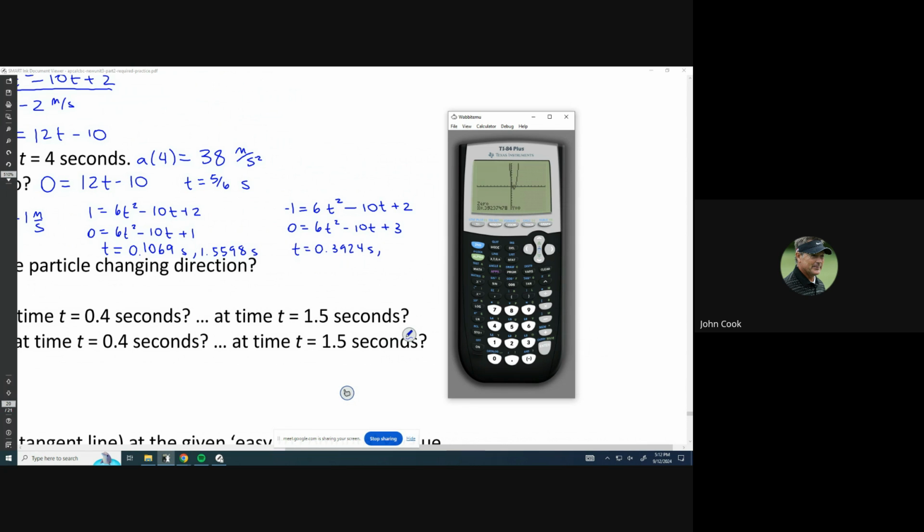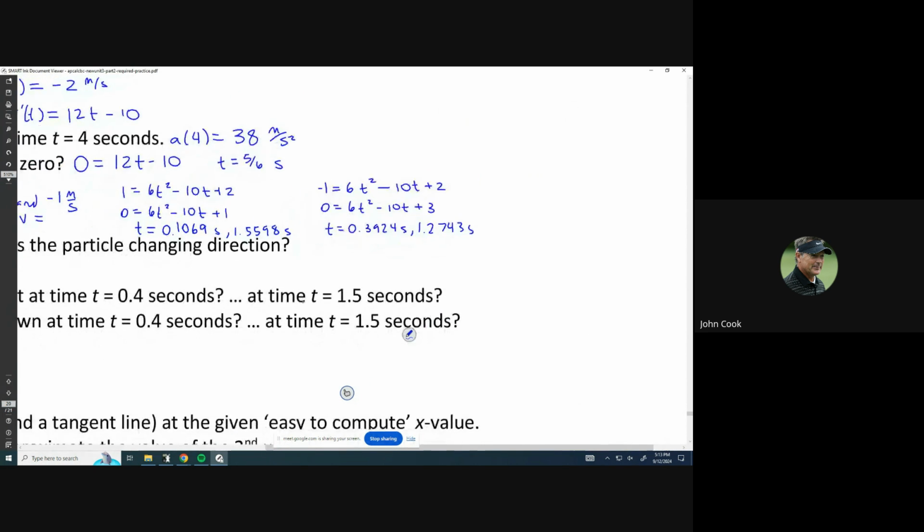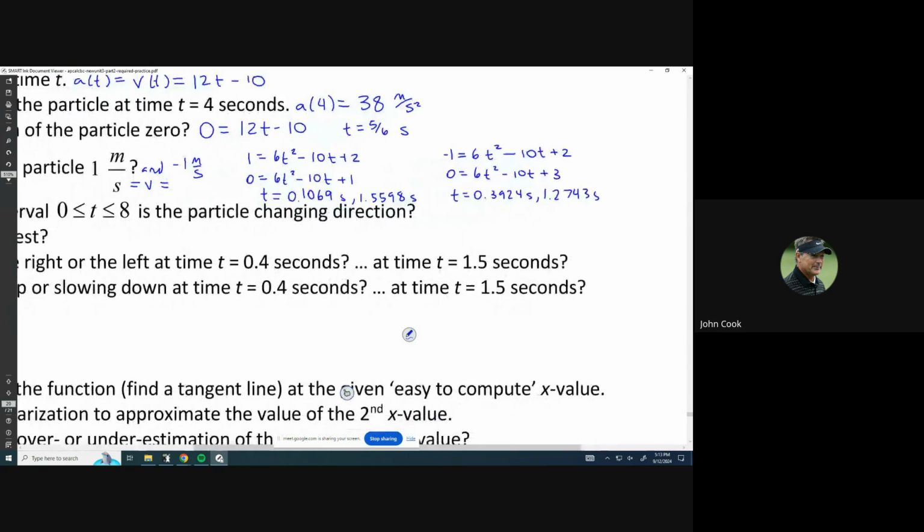And then our second number is going to be, let's see here, calculate 0. And let's go here to the left and then over here to the right. And guess. Our next number is going to be 1.2743 seconds. There you go. So those are all the different times where the speed is equal to 1 meter per second.